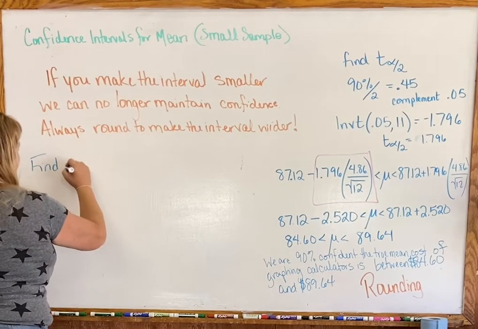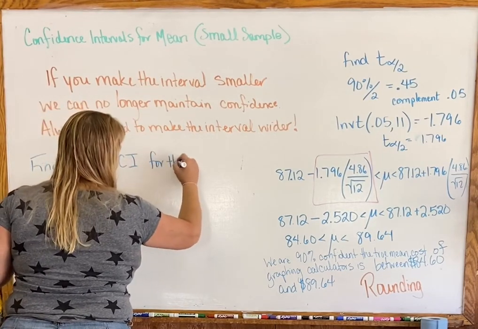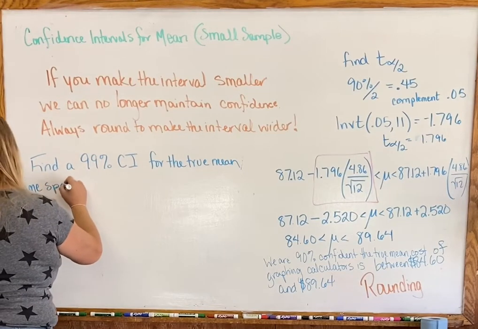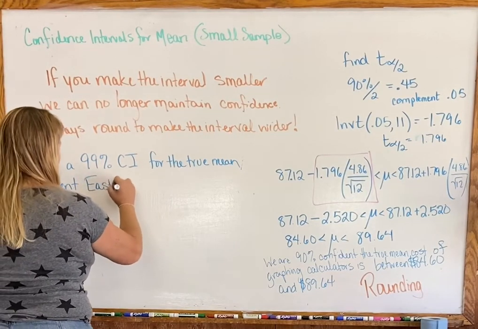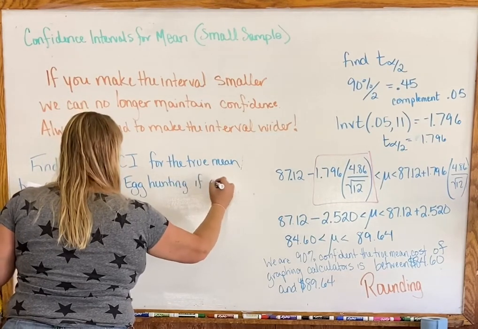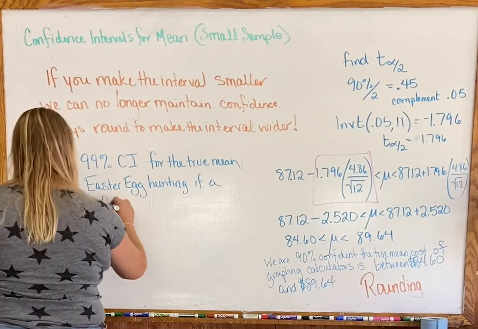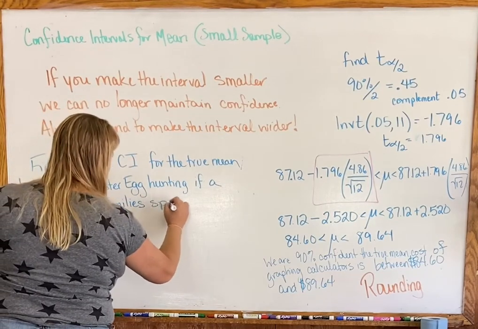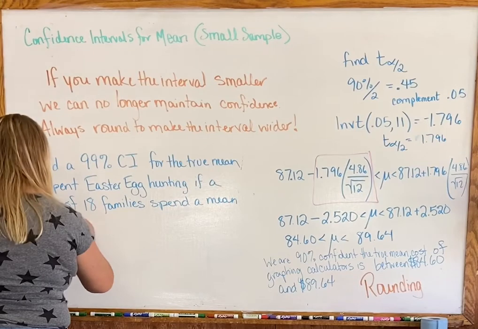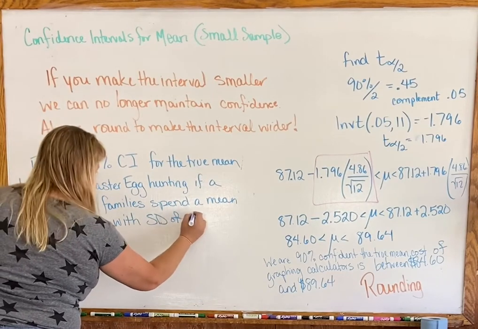Find a 99% confidence interval for the true mean time spent Easter egg hunting if a sample of 18 families spend a mean of 47.3 minutes with a standard deviation of 5.91.